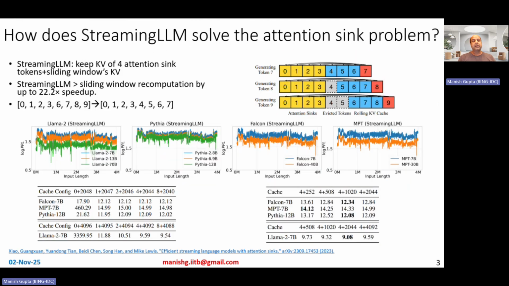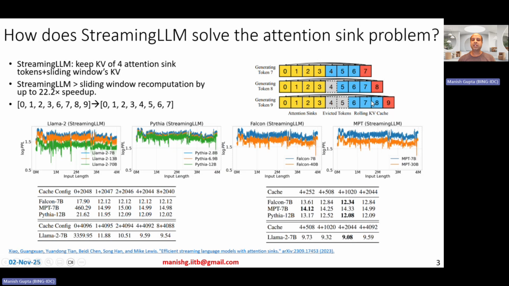Okay. So how does streaming LLM solve the attention sink problem? Well, as I mentioned in the previous slide, to solve the attention sink problem, keep the key value caches of the 4 attention sink tokens. The first few tokens are called attention sink tokens. Just keep those caches also, plus the sliding window caches.